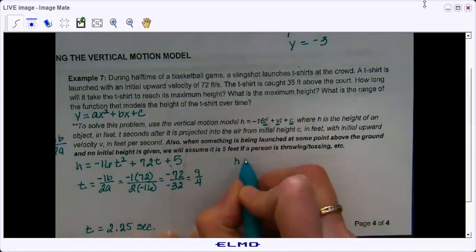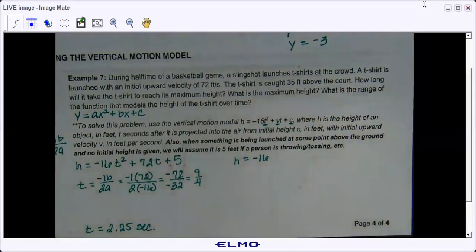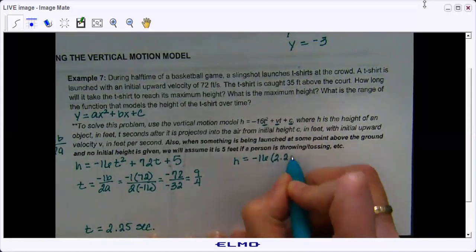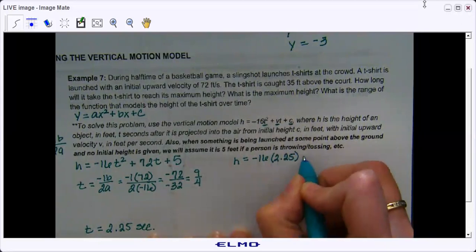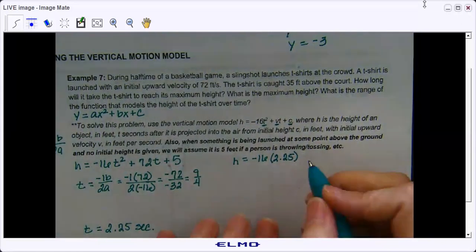Watch. H equals negative 16, and we're going to plug in our seconds here. Okay, so we're going to plug in 2.25. They caught it at 35, but that wouldn't be the maximum height it would go at that velocity. Does that make sense? Okay.